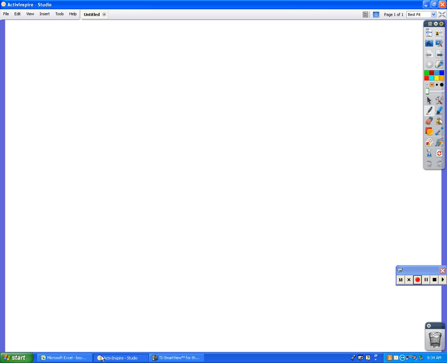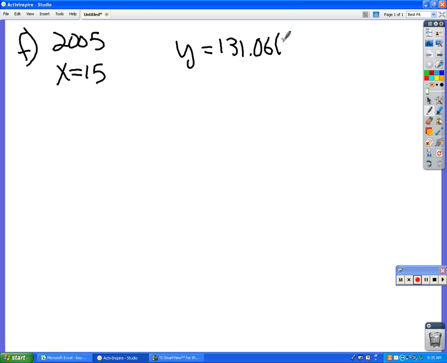So they want us to use both models to predict the number of kids that are homeschooled in the year 2005. Since they want us to go from the year 1990, what do we plug in for X? 15. So the year 2005 means X equals 15. So the first thing you have to do is plug 15 into this one.